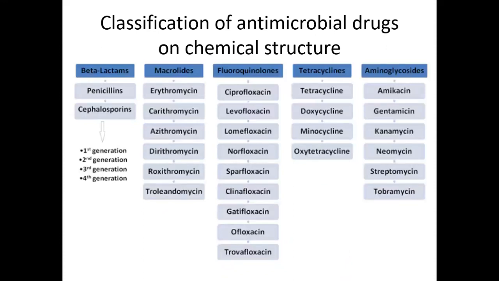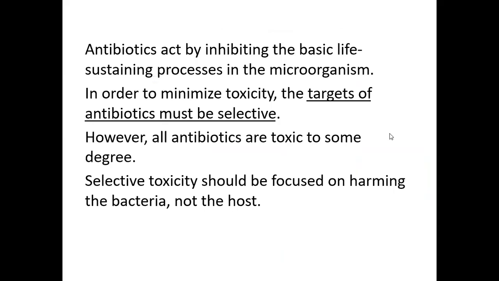Classification of antibiotic drugs by chemical structure. We have a few classes: beta-lactams, macrolides, fluoroquinolones, tetracyclines, aminoglycosides, and others. The main classification is based on the targets of antibiotics, and targets of antibiotics must be selective. It means that each mode of action must have one target, and this target must not be in the eukaryotic cell, because otherwise it will be toxic.